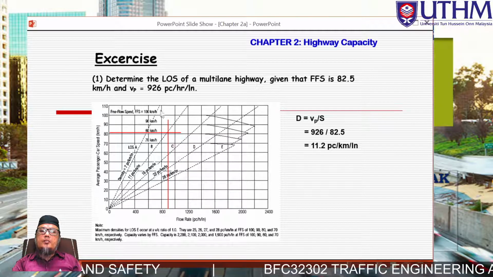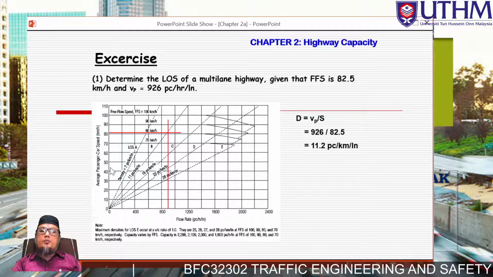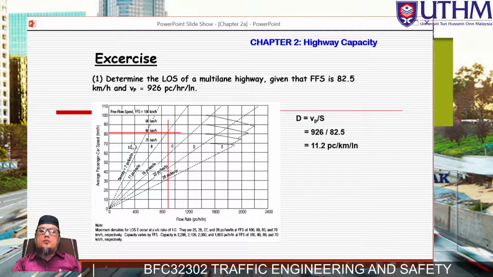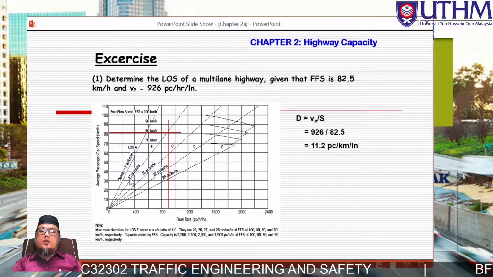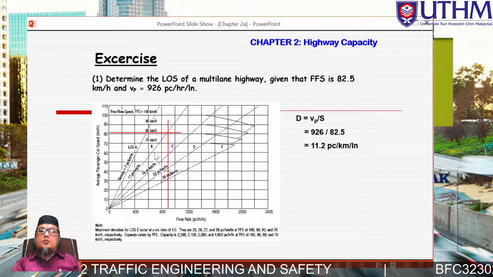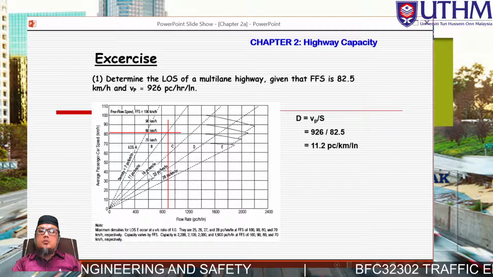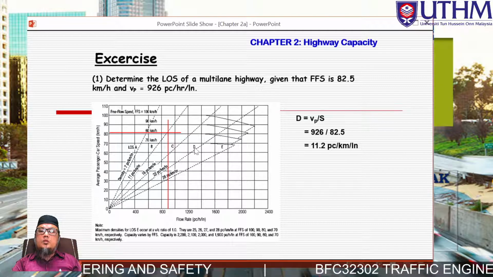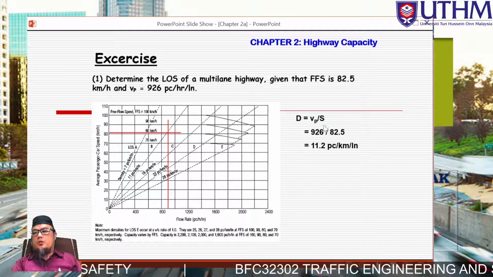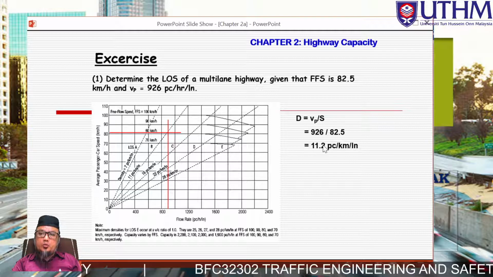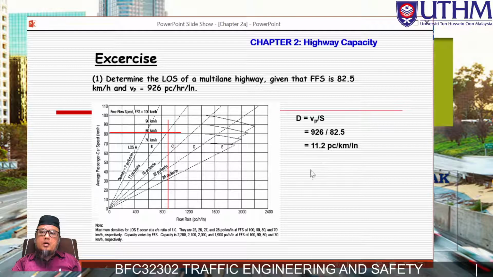This line represents the density range. If the density is from 0 to 7, consider level of service A. If density is over 7 until 11, we consider B. Over 11 until 16, C. Over 16 until 22, D. Over 22 until 26 is E. In our particular case, we have 11.2, so we cannot easily determine B because the value is now over 11.